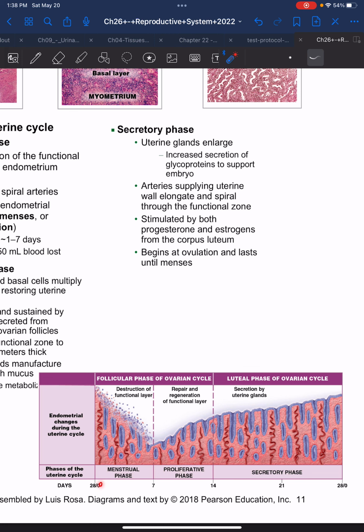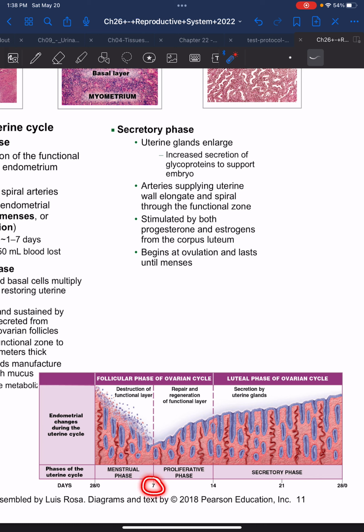But for the most part, everything is averaged to a regular monthly cycle between days 0 through 28. First, in the phases of the uterine cycle, we have our menstrual phase between days 0 and 7. You can see that the inner lining is being undone.